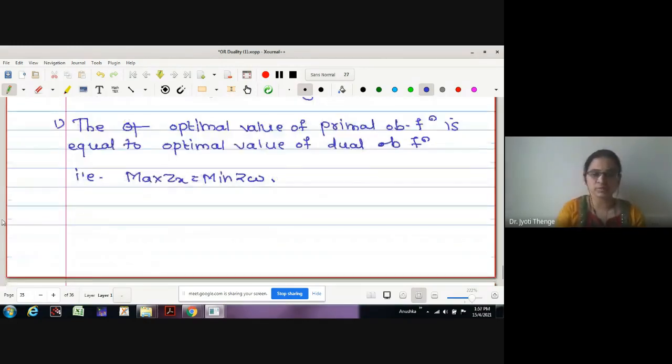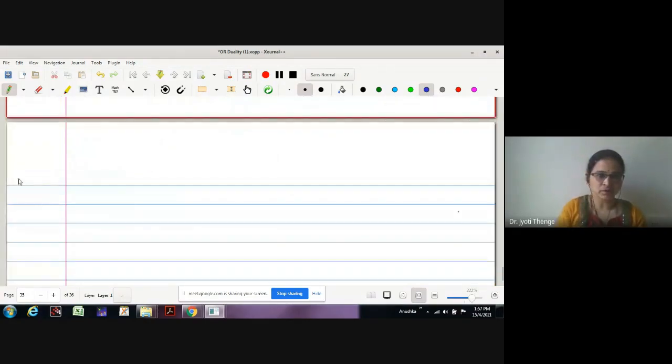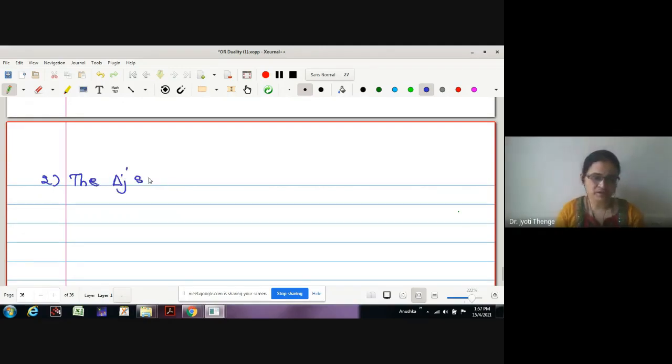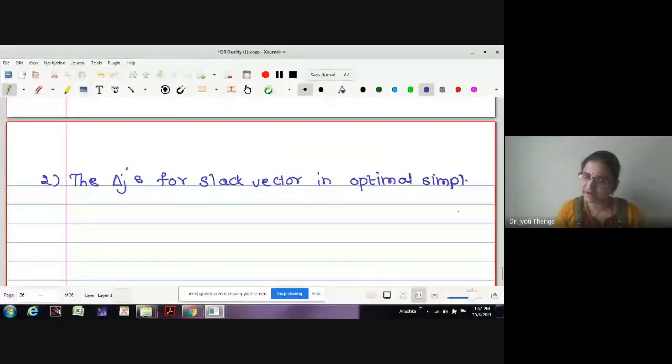Next, rule number 2 says that the delta j's for the slack vector in the optimal simplex table are the values of the corresponding optimal dual variables. What is the meaning of optimal simplex table? This is the final simplex table.